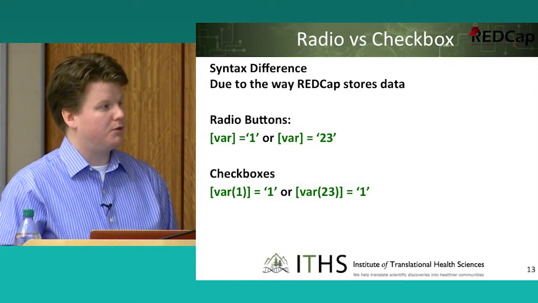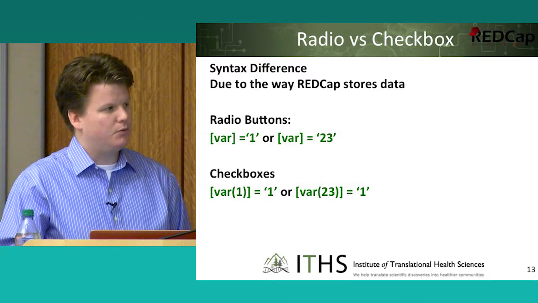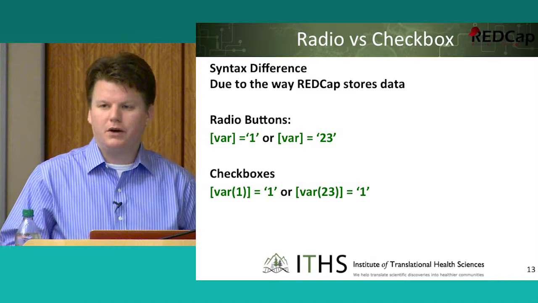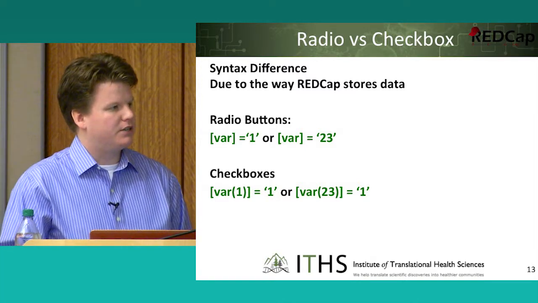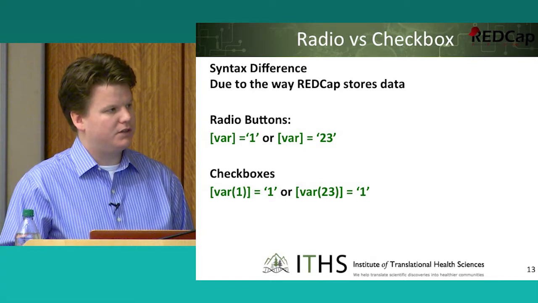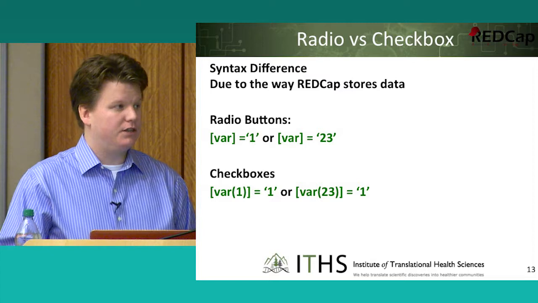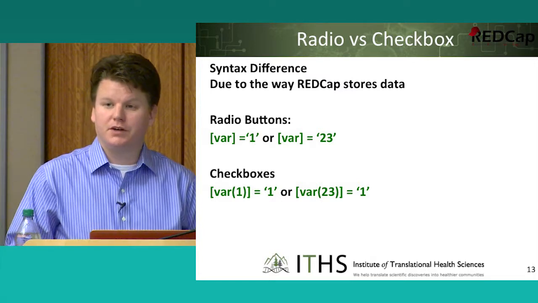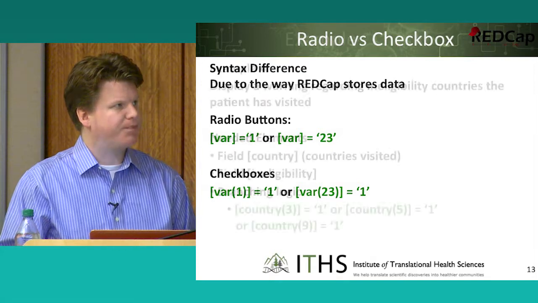For instance, if you have option 1, the variable for option 1 is 1 or 0. 1 is checked, 0 is unchecked. So in this case, if you have this statement, the variable for this checkbox is either option 1 or option 23 is checked. If it's 0, it means unchecked.